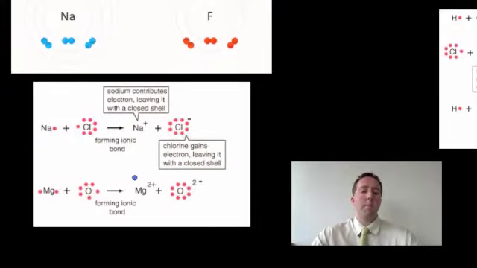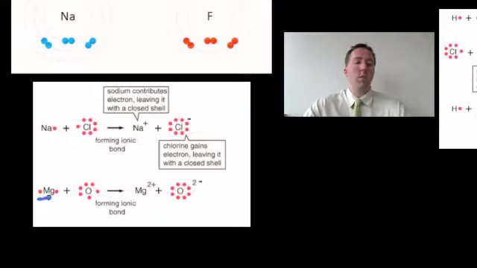Last quick example here: magnesium has 2 electrons in its outer shell. Oxygen has 6, so to have a full outer shell and be happy, oxygen would like 2 more, and magnesium would like to give 2. Magnesium loses 2 electrons, 2 negative charges, to end up with 2 positive charges.